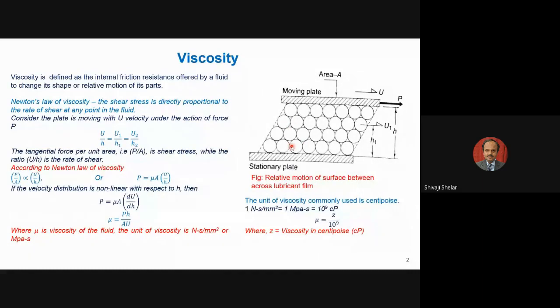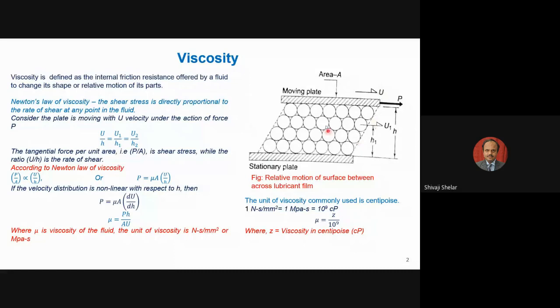When this plate is moving with a velocity u under the action of this tangential force capital P at a distance h from the fixed plate, the fluid under it will deform by relative motion. This molecule will have velocity u1. This molecule, being attached to the surface, will have velocity equal to u.